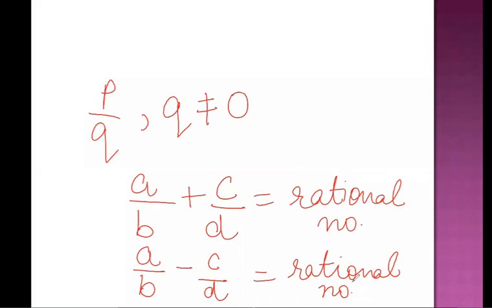And for multiplication as well as division, we get the same result when dealing with rational numbers. When we multiply two rational numbers, we get the result as a rational number.